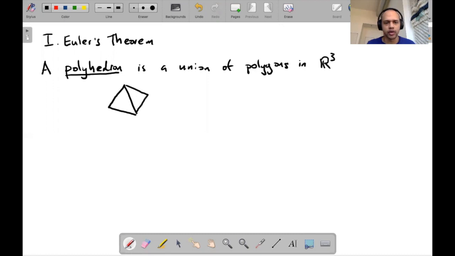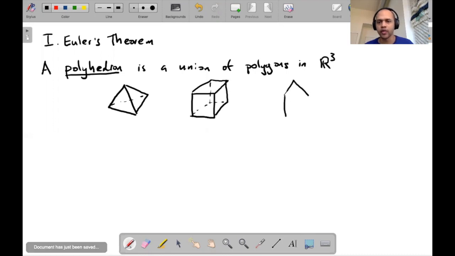So let me draw some pictures to first give you the idea. So here are some polyhedra, which likely look familiar. So you just have some collection of polygons, and they're glued in some way.